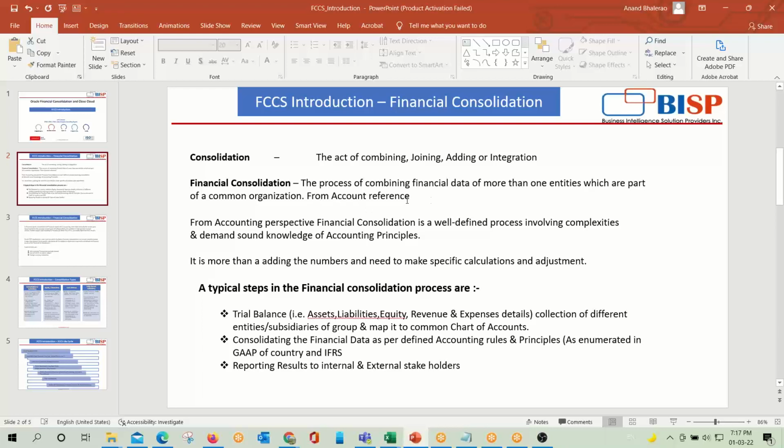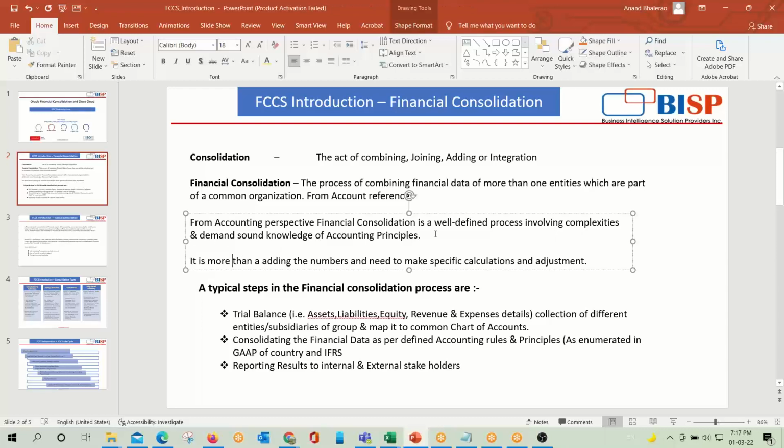From an accounting reference, it means this. We can further say that financial consolidation is a well-defined process involving complexity and demanding sound knowledge of accounting principles.